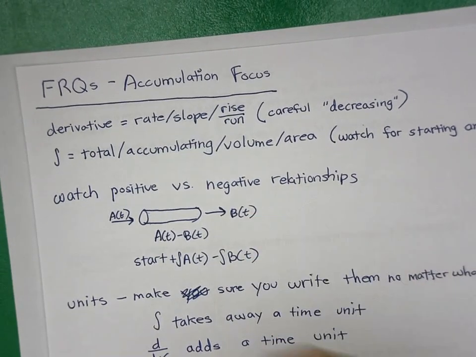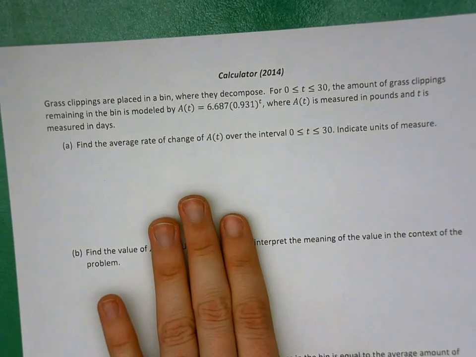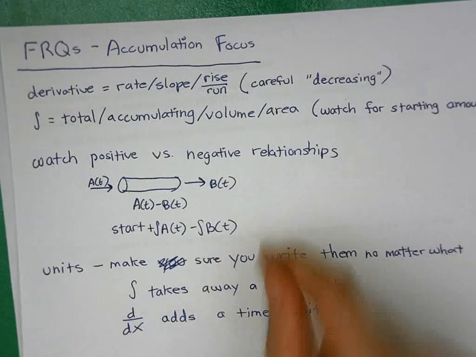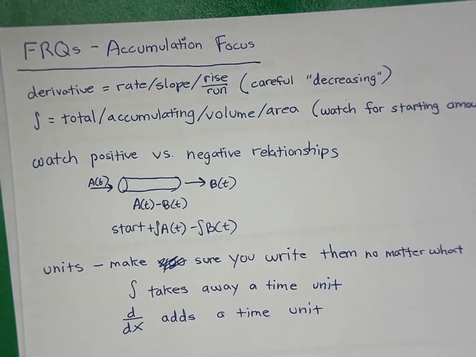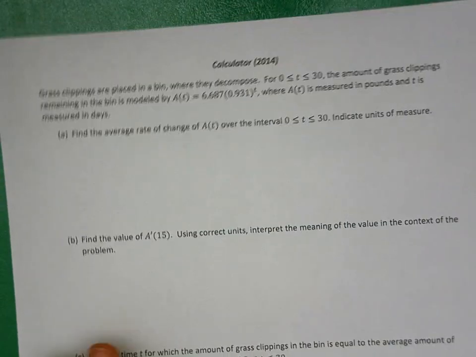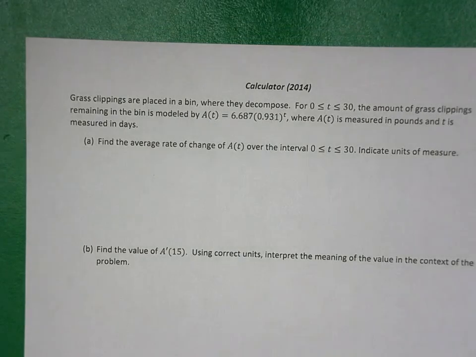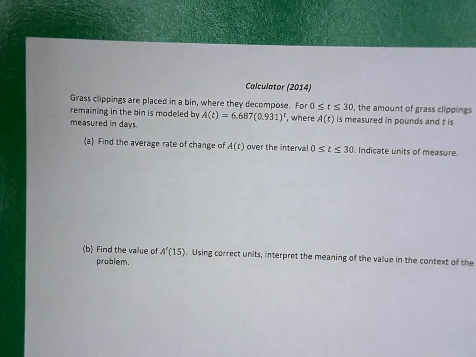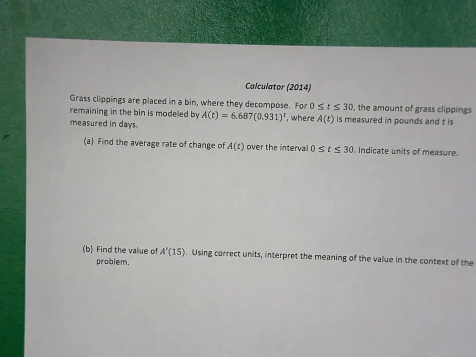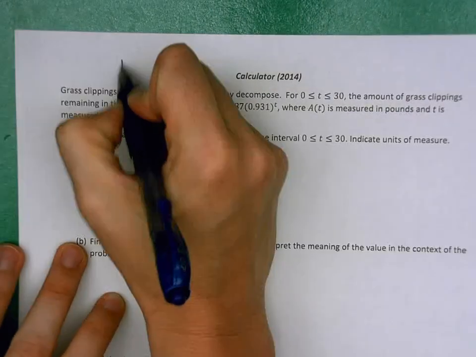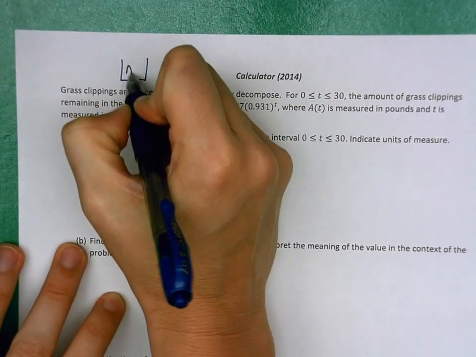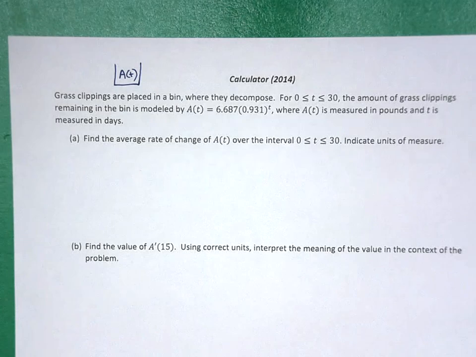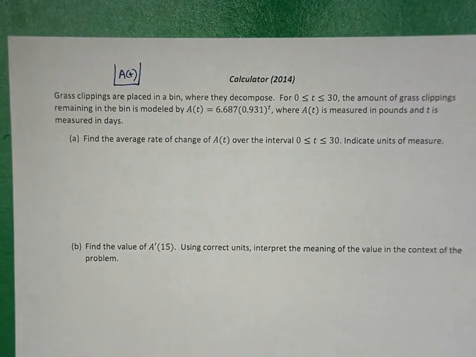Even though we won't see a problem exactly like this one this year, because again, this is a calculator one, this idea of looking for those relationships is a good thing to keep in mind, right? And so as I'm looking at this, I look at 2014, grass clippings are placed in a bin where they decompose, the amount of grass clippings remaining in the bin. So they've actually already given me the in-the-bin value here, as opposed to something going into and coming out of, but that's in the bin.